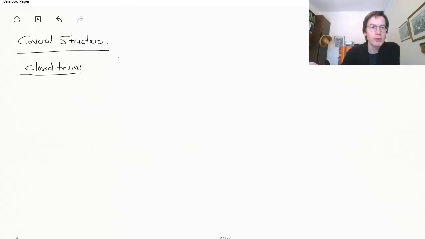So for example, in the language LA of arithmetic, the zero symbol is a constant, so no variables occur in it. So if I was to take 0'' + 0'' × 0''', for example, that's a term, right?